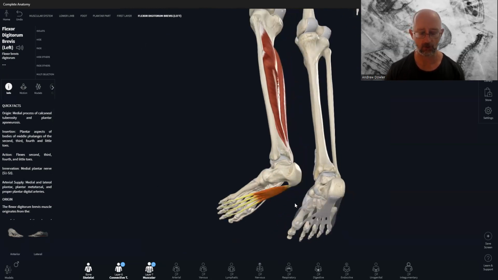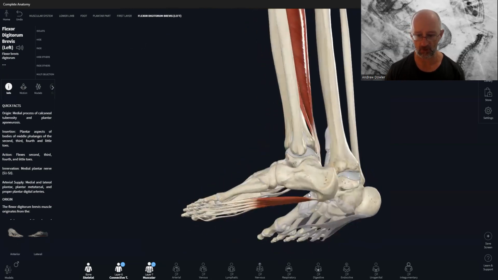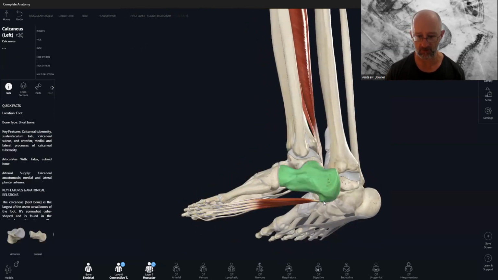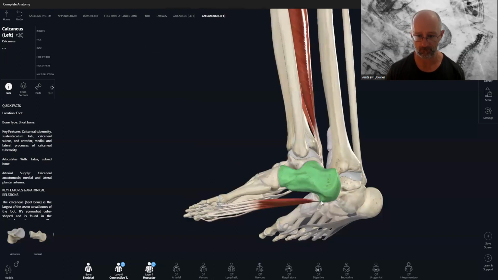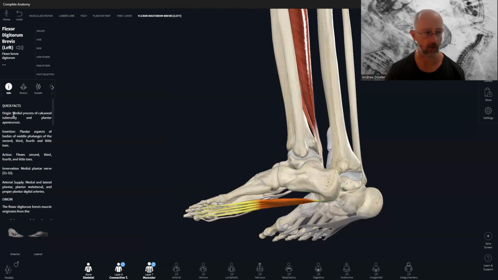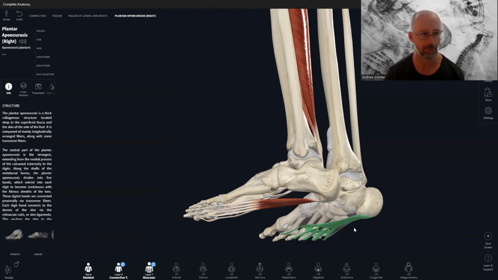The calcaneal tuberosity is that sticky out bit of green bone there. Remember, tuberosities are where tendons tend to attach. The plantar aponeurosis is that, okay, which is your plantar fascia.